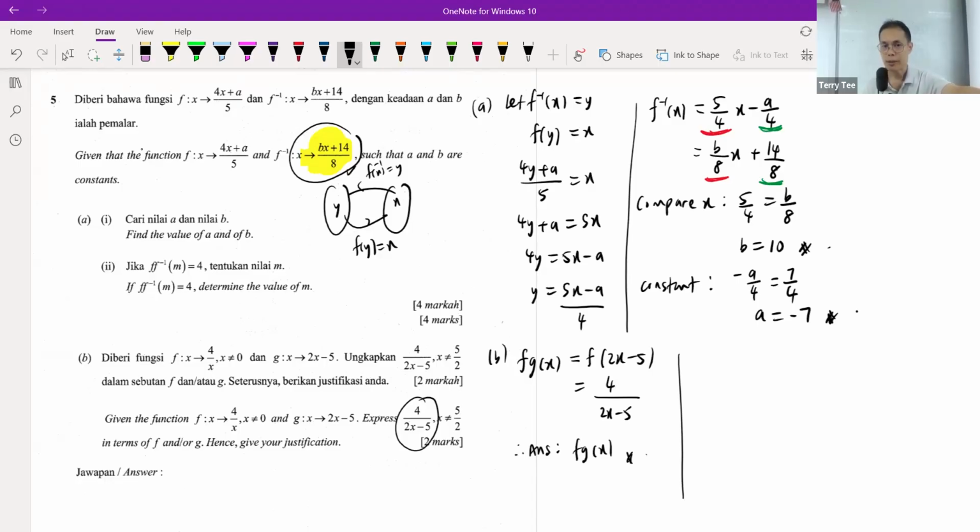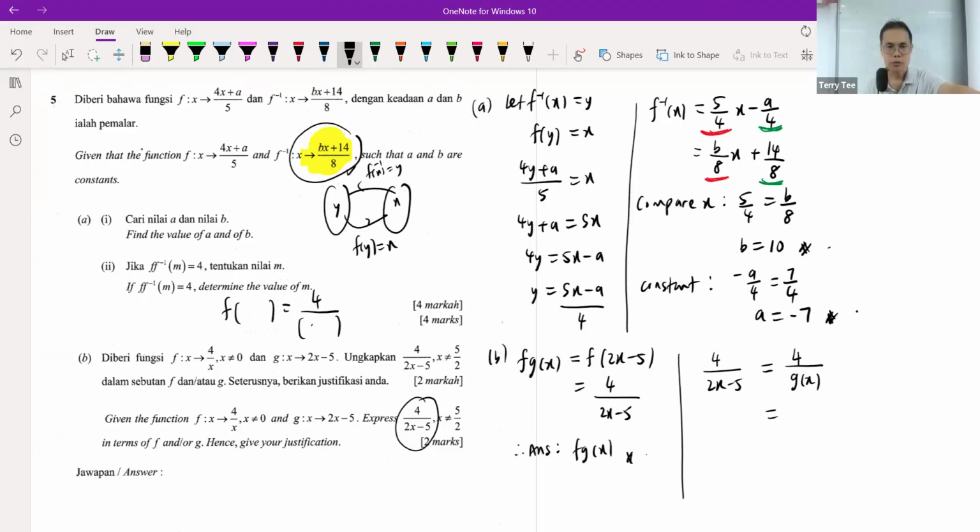Okay, so this is method one. A second method is we work backwards, starting from 4 over 2x minus 5. You know 2x minus 5 is going to give us g(x). Now your f here is 4 over a bracket.